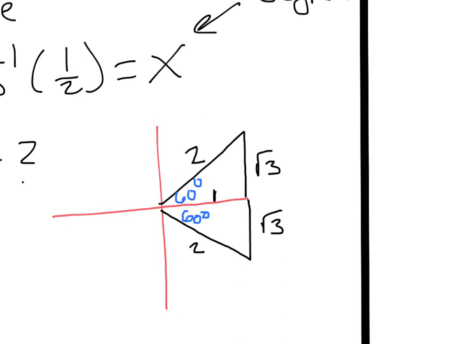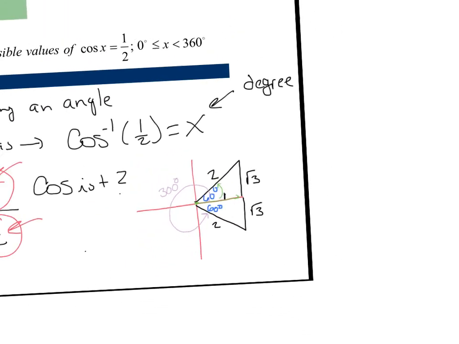The rotation in standard position could be 60 degrees, or it could be this rotation, which is 300 degrees. So cosine of 60 and cosine of 300 both equal 1/2. Those are my two answers.